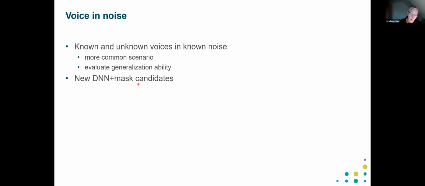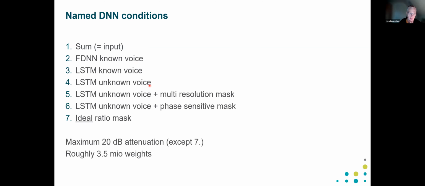And furthermore, we had some new deep neural networks and some new candidates for the mask that we estimate. So it was a progression from the first test. Here we had 7 conditions. In this case, number 1 is the sum. So that's just the mixture, the input to the system.